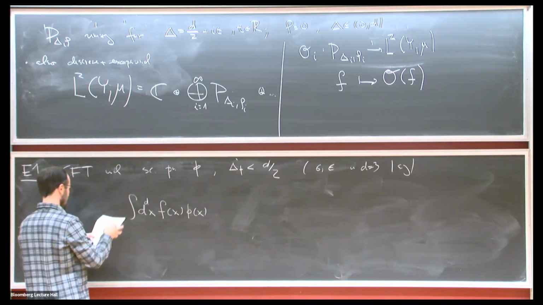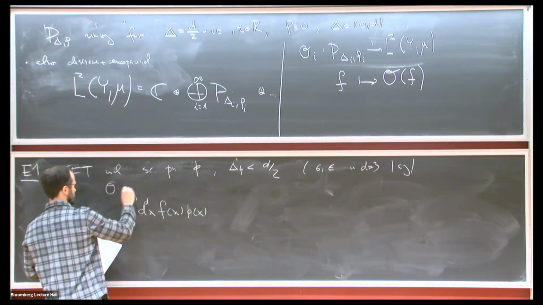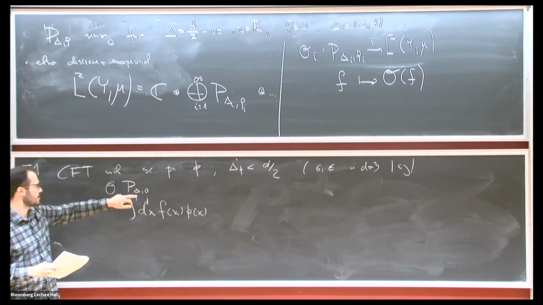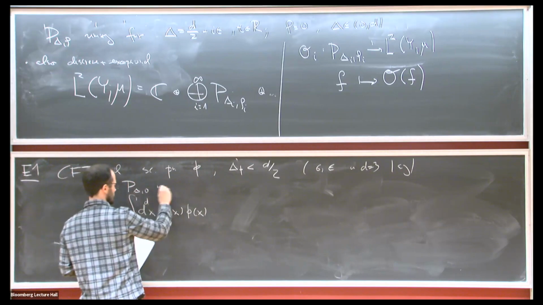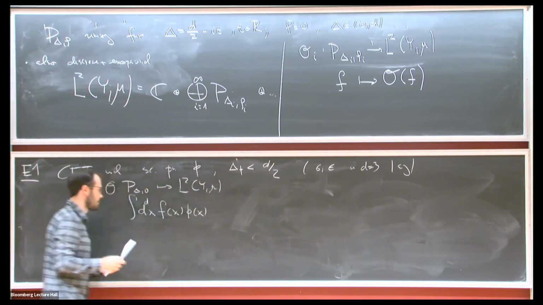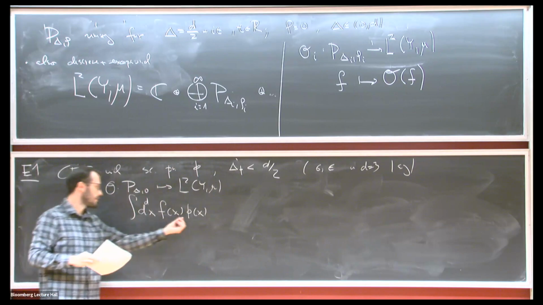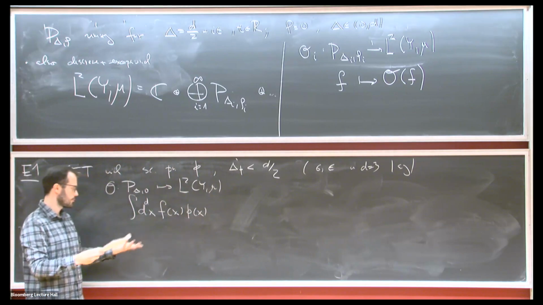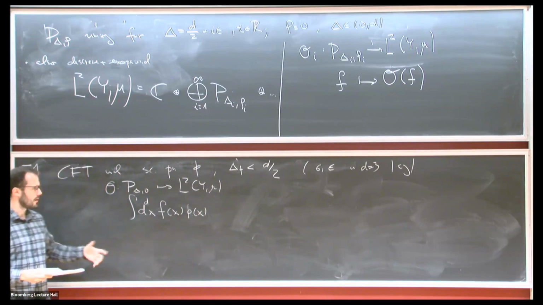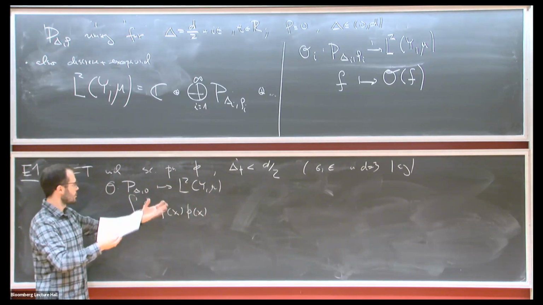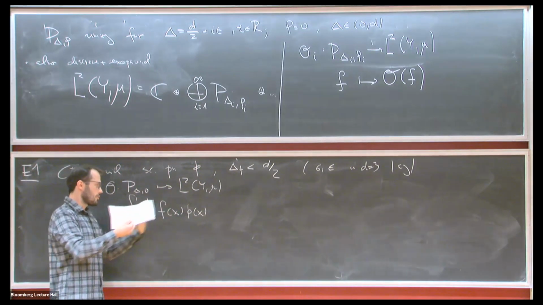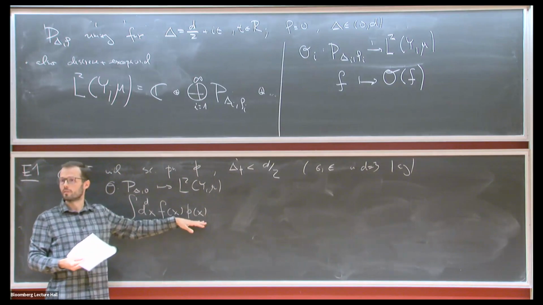So the O here is a map from the complementary series delta to the space of observables. So maybe the value of phi at a point doesn't really make sense, but what should make sense is phi smeared against some test function f, and as f ranges over this space, this observable ranges over all the possible linear functionals of the field.